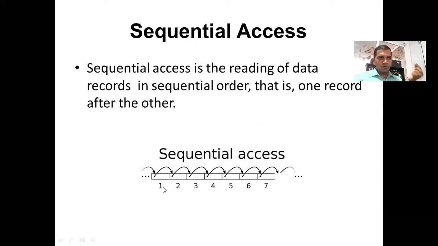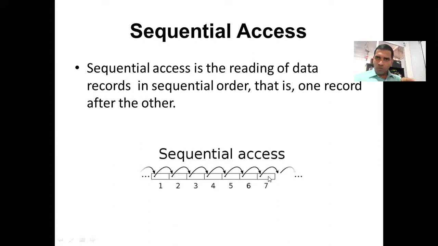Try to study this small diagram. Look here. This is a file, right? But which has so many data. So assume that I talked about the students' details, right? So this is the first student detail, second student detail, third student detail. Assume that you want to access the record of the 7th student.